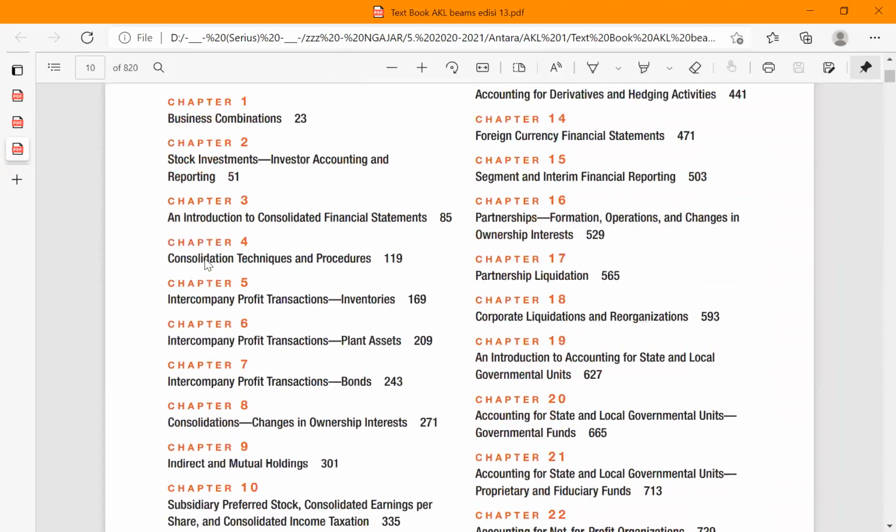So the assumption that must be met in order to finish Chapter 5 is that you completely understand what has been discussed in Chapters 1 until 4, especially Chapter 4. In Chapter 4 is the first time that you learn how to journalize the consolidation, how to make elimination entries, etc.